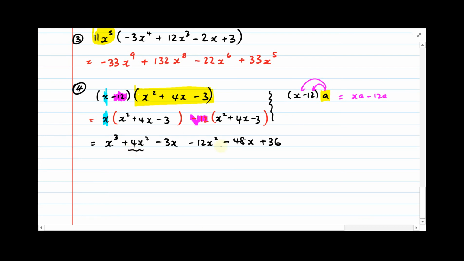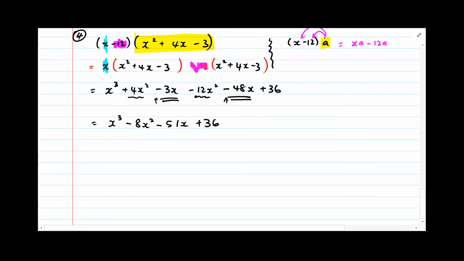Again, identify your like terms. Here they are, and we now combine them. This is in a horizontal fashion. I'll write my final answer in descending order. So minus 8x squared and minus 51x plus 36. Again, remember to watch the coefficients so that you get the proper signs.